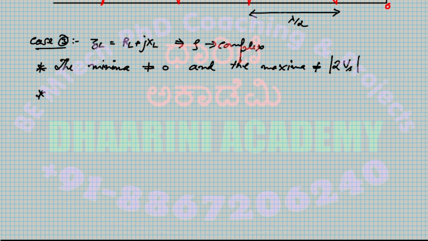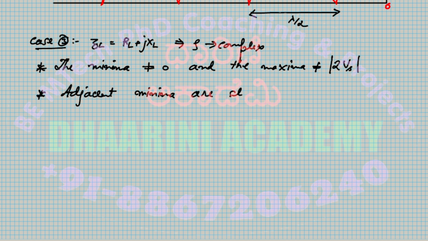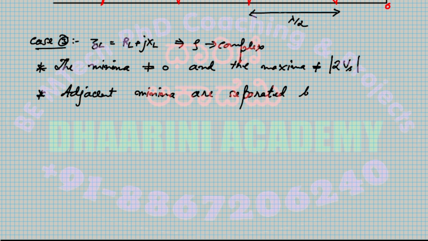I can write that point here. So adjacent minima are separated by lambda by 2.